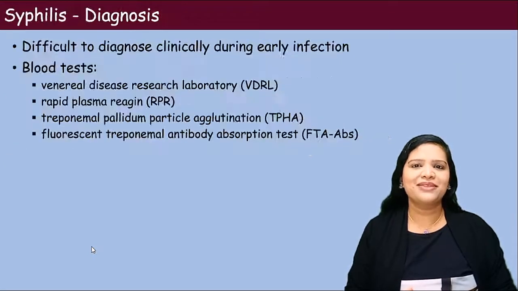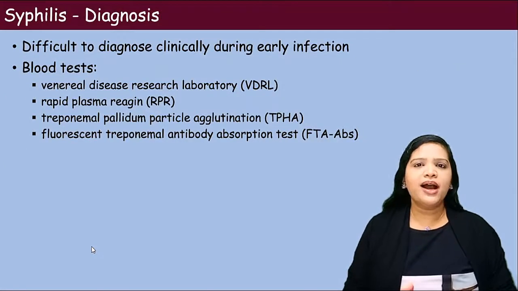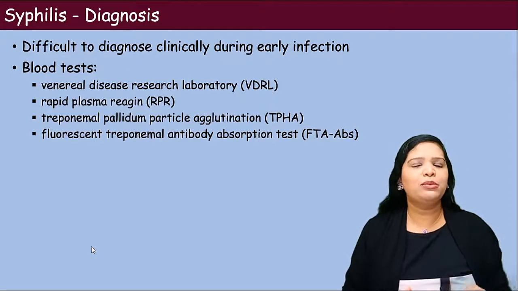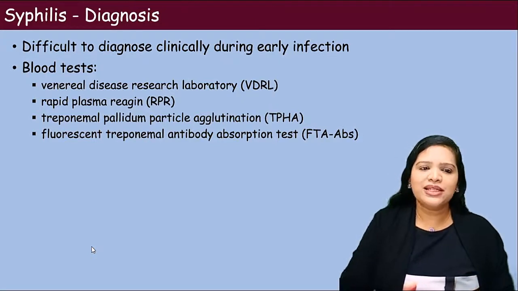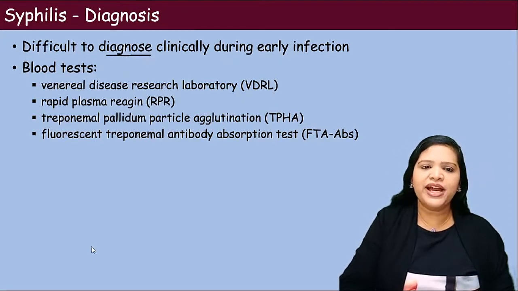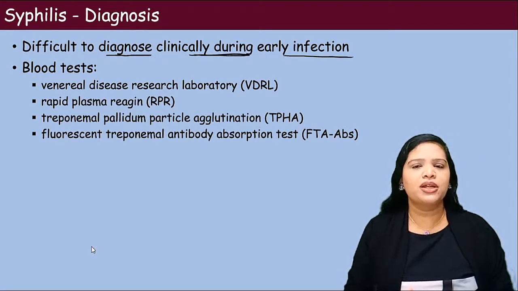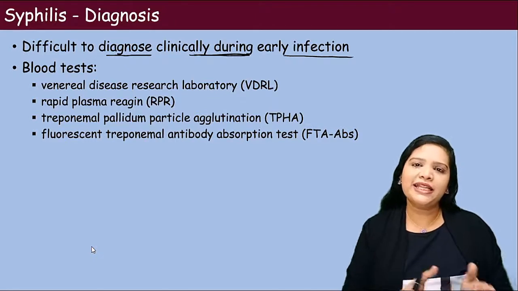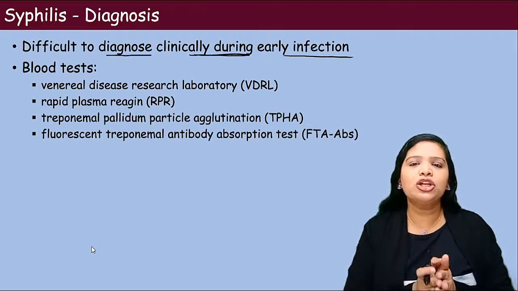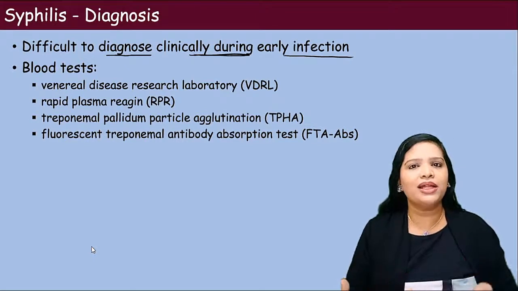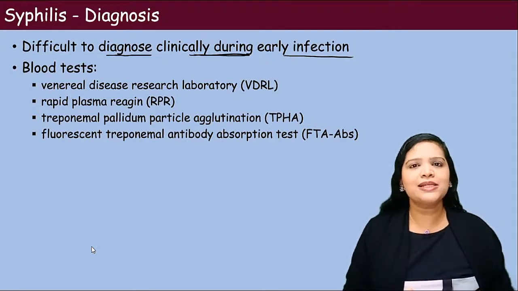Now let us see what diagnostic techniques are available for syphilis. This bacteria is difficult to diagnose clinically during the early stages of the infection, because we have seen that in primary syphilis even the patient won't recognize that he has the ulcer, because the ulcer is painless.